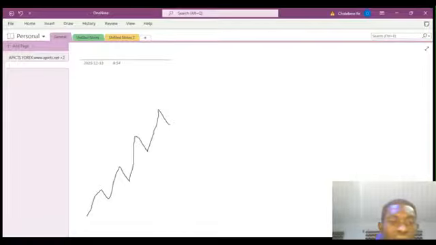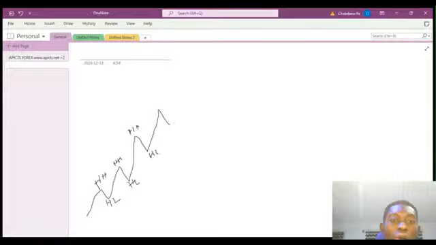Then you will see that we have a higher high, then you have higher lows, then higher highs, then higher lows, higher high, then higher lows. And then we say this is an uptrend.